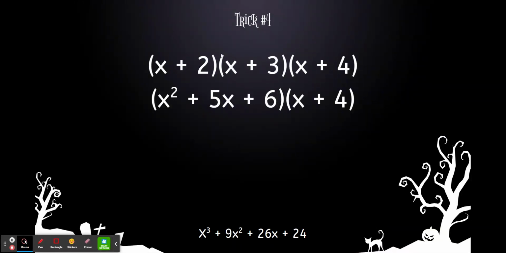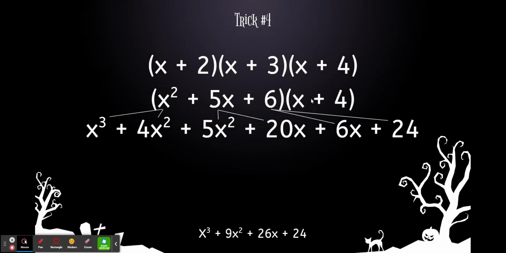So these two expressions work out to multiply to this expression here. Then we're going to multiply that by x plus 4. And again, we can just do each item over here multiplied by each item over here. X squared times x is x to the third. X squared times 4 is 4x squared.